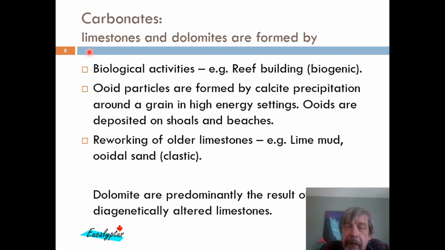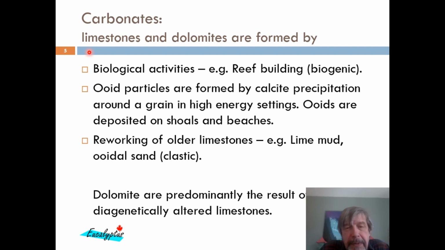Okay, and then you can have, of course, pre-existing limestones that were broken down, weathered, and transported: skeletal material, pre-existing ooidal sandstones, etc. These particles, transported typically by water, form a clastic deposit, but because they predominantly comprise calcite and dolomite particles, we still consider them limestones, reworked limestones and dolomites.